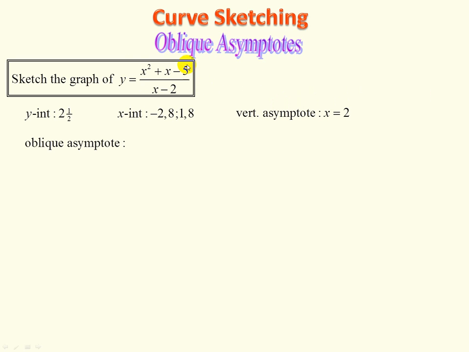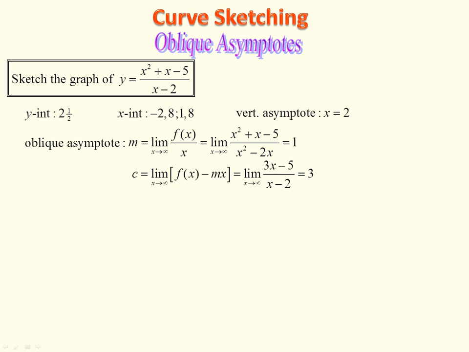I haven't even looked at horizontal asymptote. Degree exceeds degree, so the limit as x tends to infinity of this does not exist. Oblique asymptote. There's our formula for m, and we get 1. Formula for c, substitute in, simplifies to that, and we get 3.